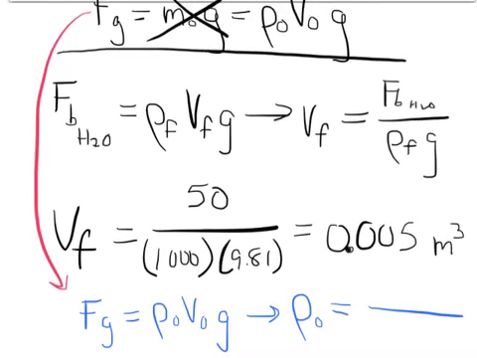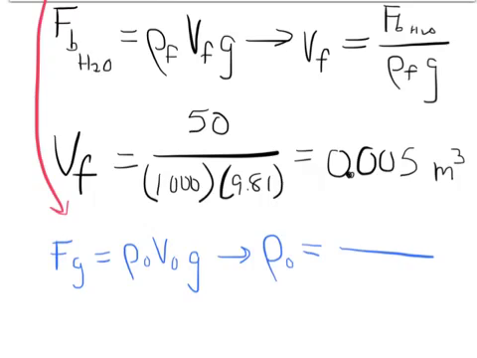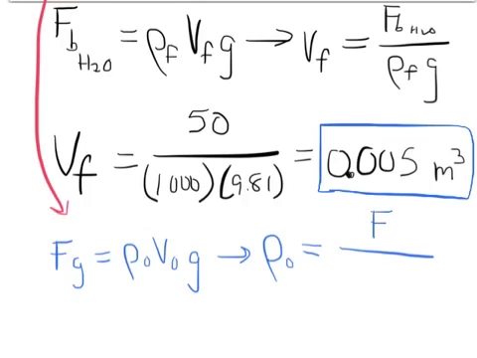The volume is the same again, yes. VF that we just got a minute ago, the volume of the fluid displaced, is the volume of the object itself. So let's take FG over V o g from here by dividing this part over here on both sides.